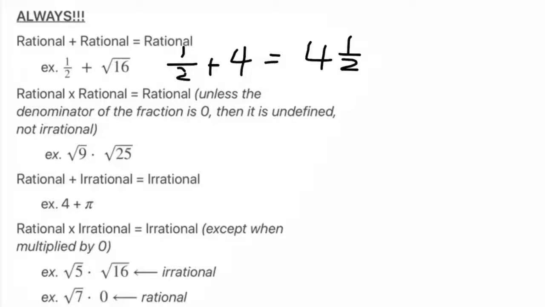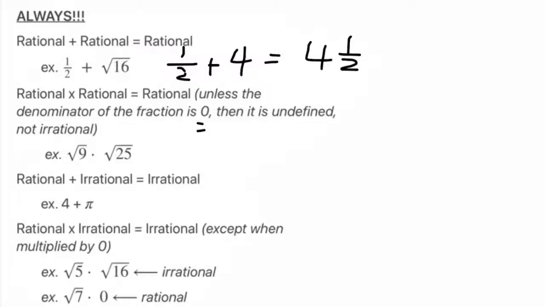On the same note, if you are multiplying two rational numbers, a rational times a rational is also always rational, unless the denominator of the fraction is 0 and then it's undefined. Really, I don't even think this needs to be put in here, because if you have a fraction with a denominator of 0, that's not a rational number.